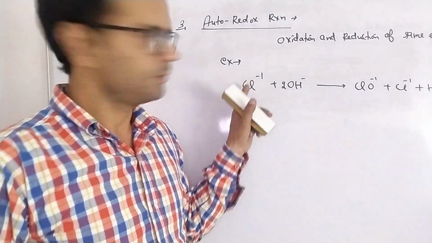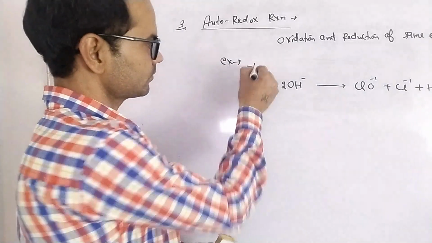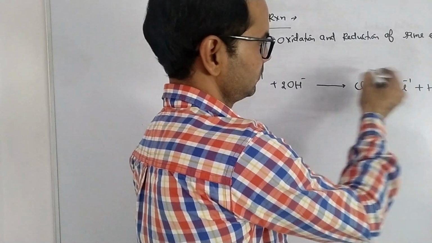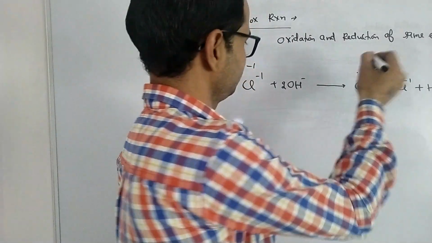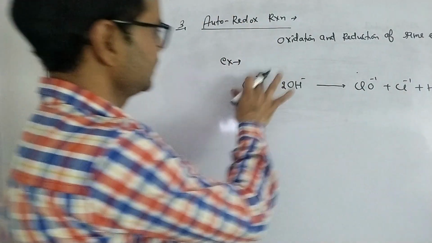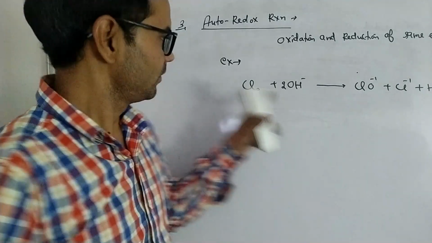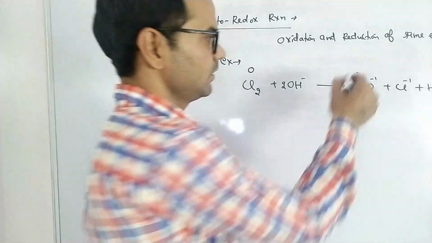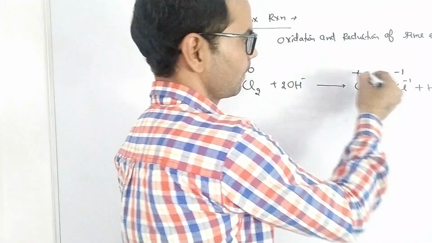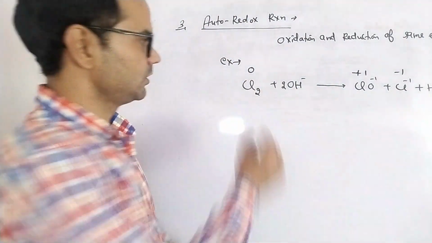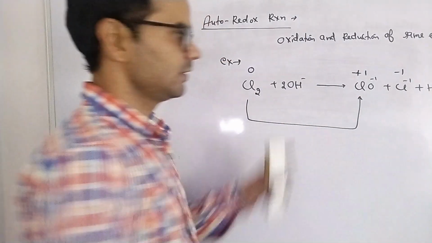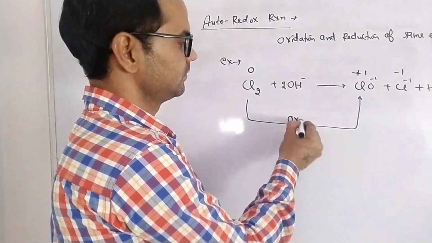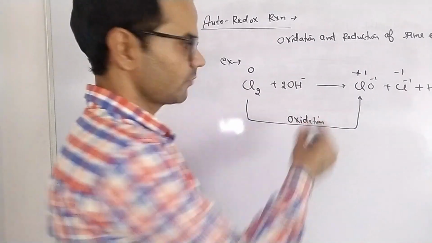Charge here of chlorine is -1, here Cl2. Charge here is 0, but here is +1 and here is -1. So from 0 to +1, that is increase in oxidation number, increase in charge, that is oxidation.